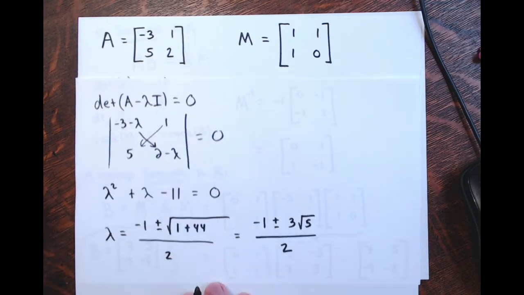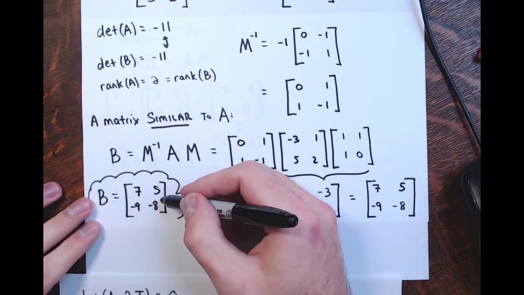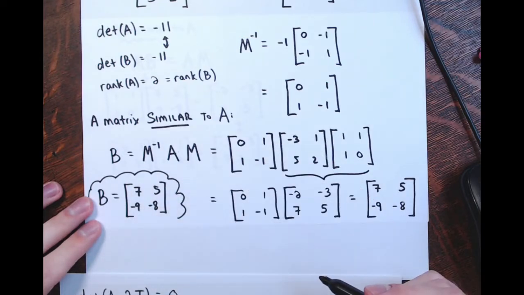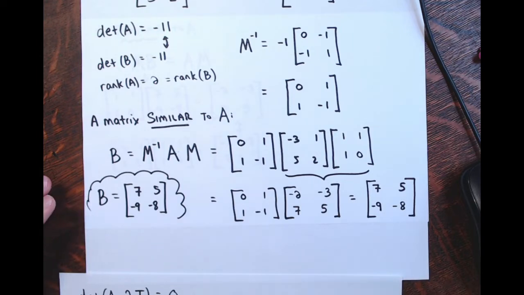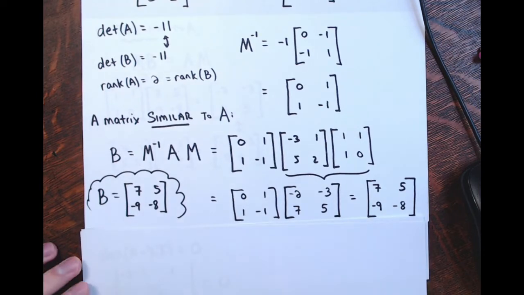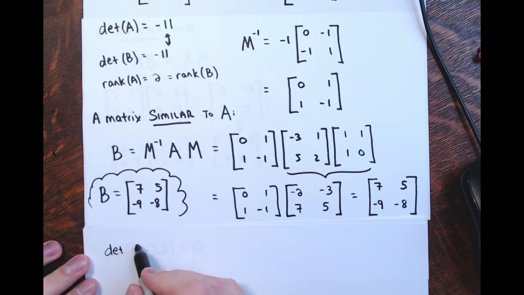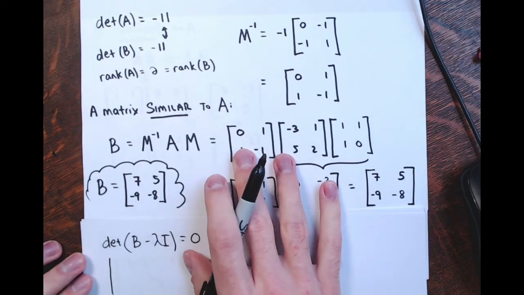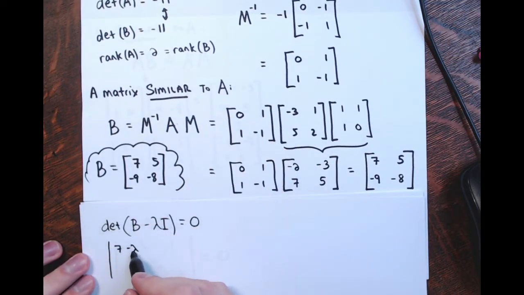Well, without even trying, those are the same eigenvalues as B. If I just set up the characteristic equation and show you, I'm not going to actually finish solving, because what you're going to see is the characteristic equation will look the same. So if I do the determinant of B minus lambda I, when is that equal to 0? Again, that's this determinant here: 7 minus lambda, -8 minus lambda, 5 and -9.